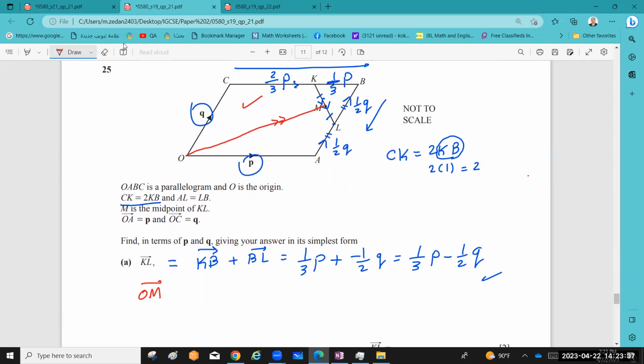The OM vector is simply the OC vector plus the CK vector plus the KM vector.